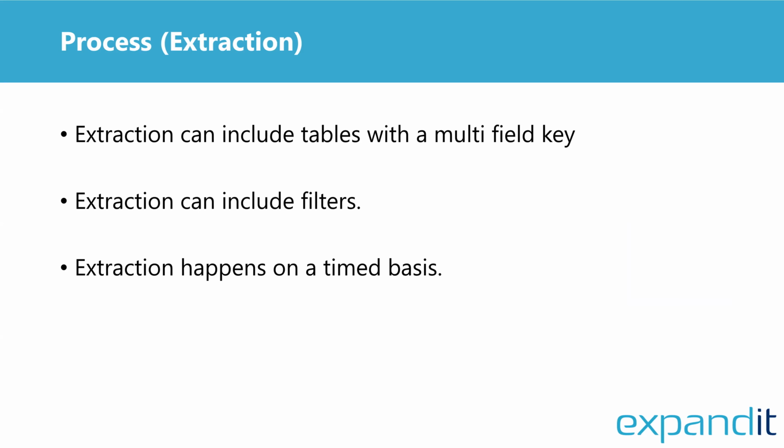We can run a filter when we're pulling data. We'll look at how that's set up. And the extraction of data happens on a timed basis. So within the system, there's a timed basis where data is pulled from the ERP system to the BAS middleware system. So this is the generic concept of our extraction.